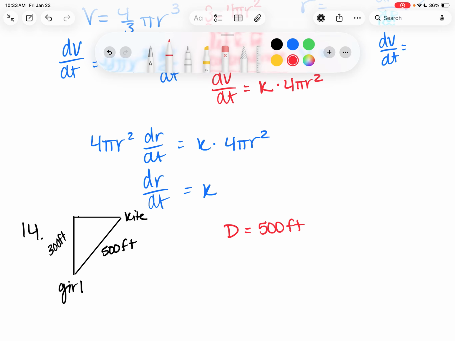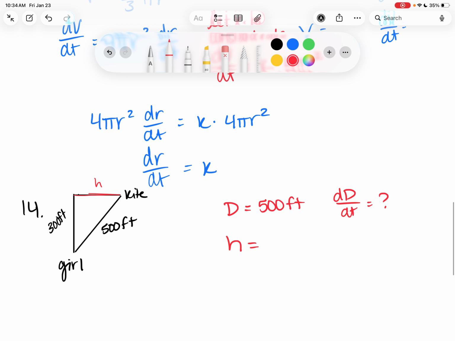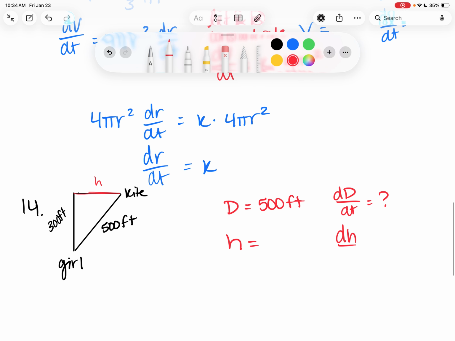And ultimately we're solving for dD/dt, which is the rate she has to let the kite out at to do that. H, which is the distance basically from here to here, we have to solve for. And then dH/dt, which is the rate that it's moving horizontally, was given to us. It's 25 feet per second.